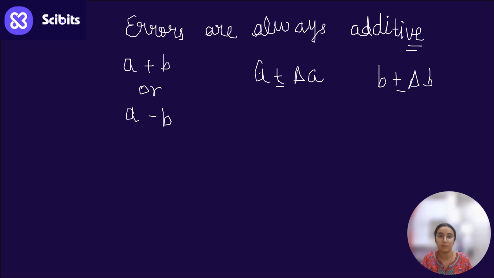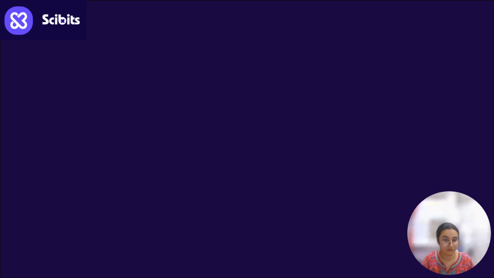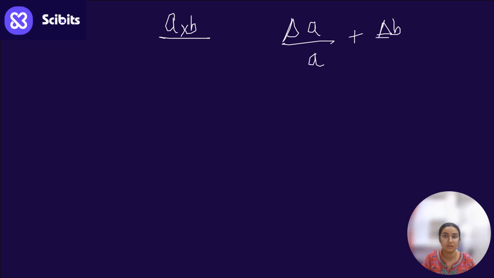If you have to add these two quantities, it will be a plus b, plus or minus delta a plus delta b, meaning the error in a and the error in b. And similarly, if you have to subtract them, then also the errors will be added only. So errors are always added. Okay. And say if two quantities are being multiplied, then you have to do this. Similarly, if they are being divided, then also you have to do this.